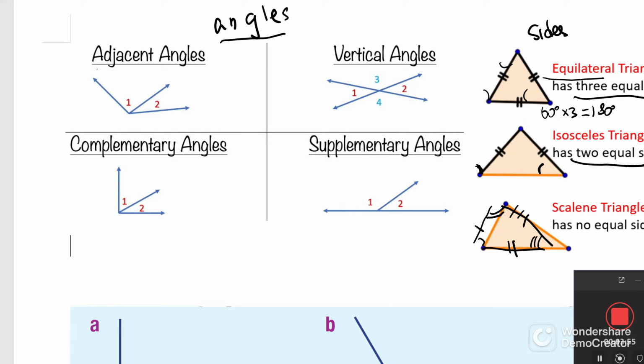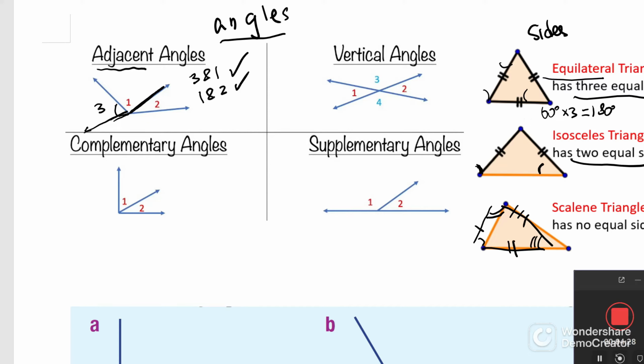Now, the first one we've got is adjacent, meaning that the angles are next to each other. If you look at angle 1 and 2, they're next to each other, meaning they also share a side or an arm. Now, if I add another line here, and I call this angle 3, angle 3 and 1 are adjacent, and angle 1 and 2 are adjacent.